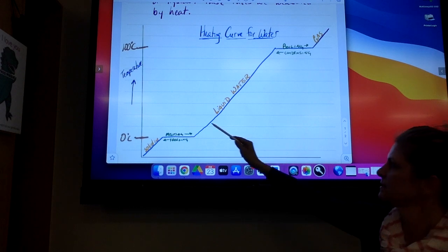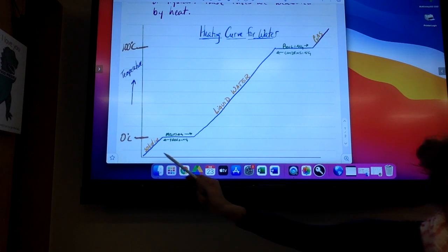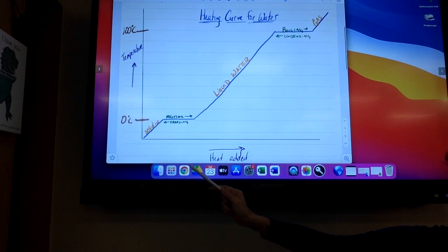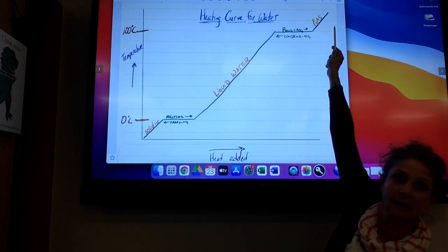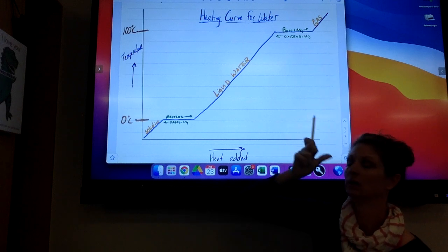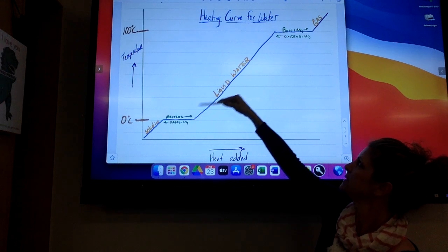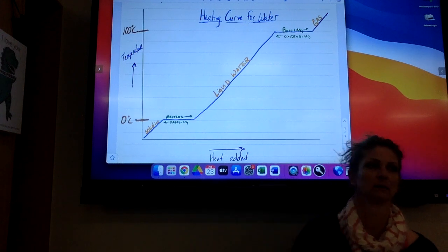So this says solid ice down here. Solid ice, liquid water, gas. This says melting, freezing, boiling, condensing.